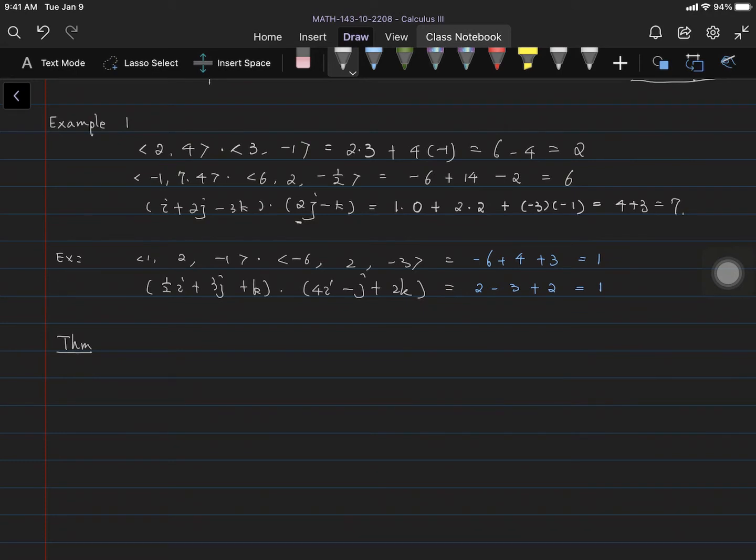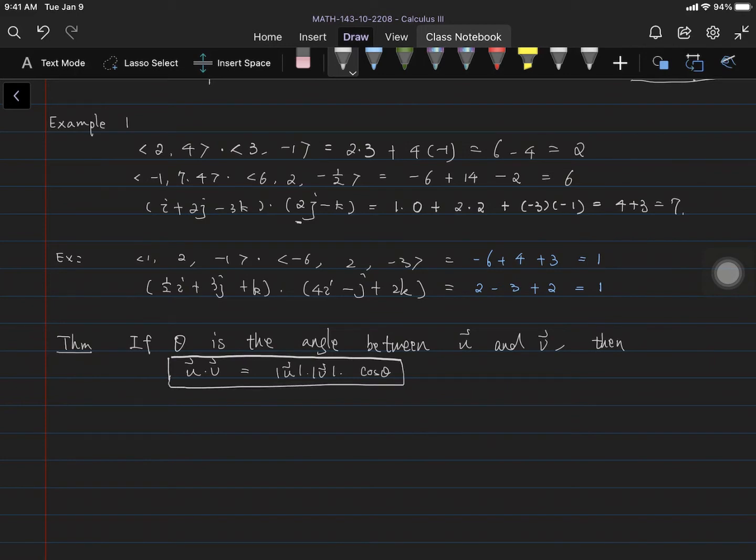If theta is the angle between the vectors u and v, then u dot v equals the length of u times the length of v times cosine theta. So we can also use this as another definition of the dot product.